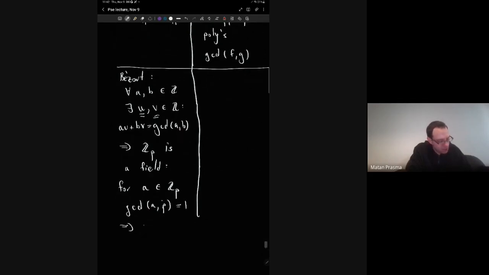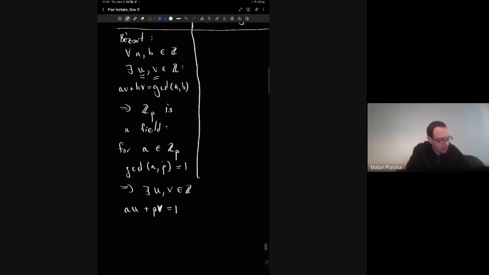So there exists some u and v such that au plus pv is equal to 1. But this means that au is equal to 1 modulo p. So u, this first Bezout coefficient, is one option for the multiplicative inverse of a.